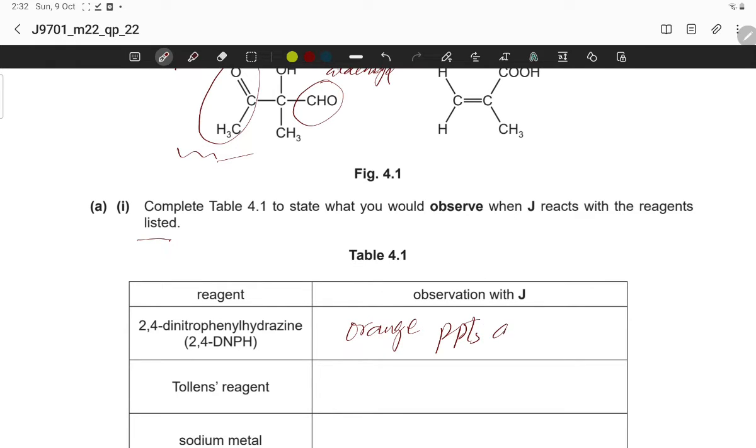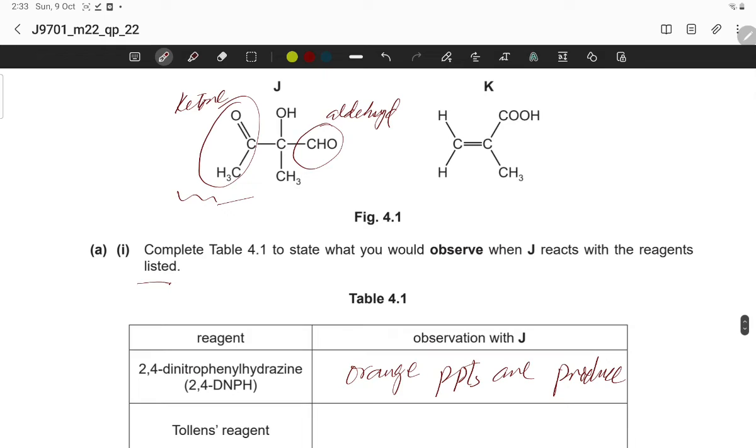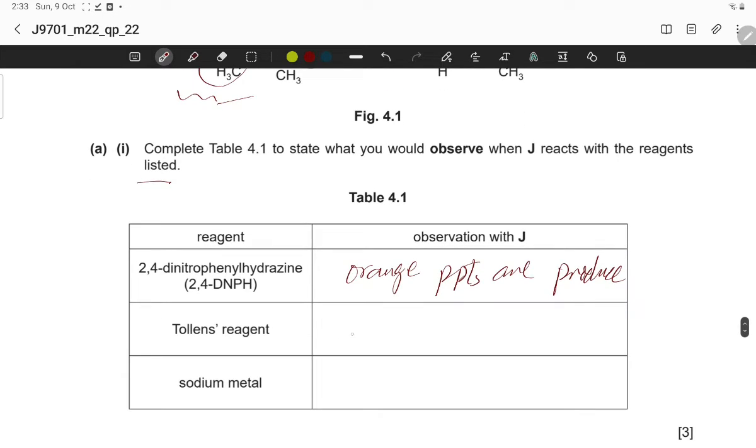Tollens' reagent gives a positive test with aldehyde but no observation with ketone, but in this compound aldehyde is present, so silver mirror formation.